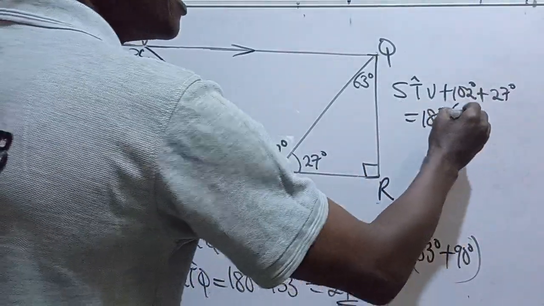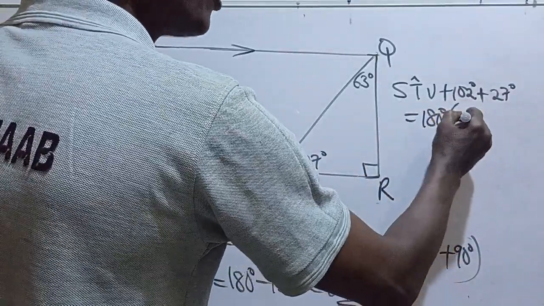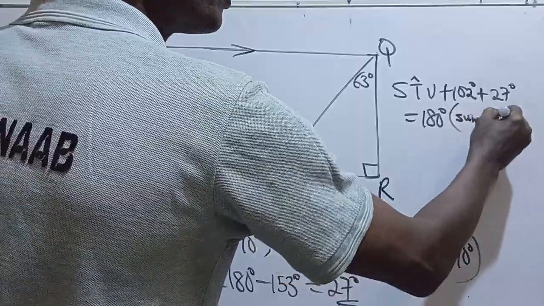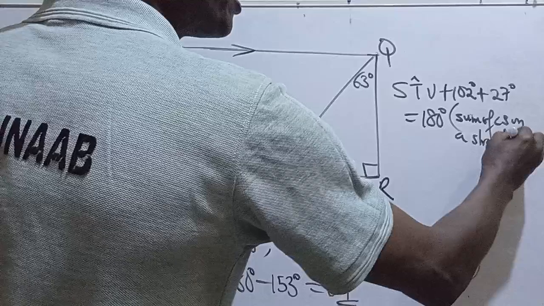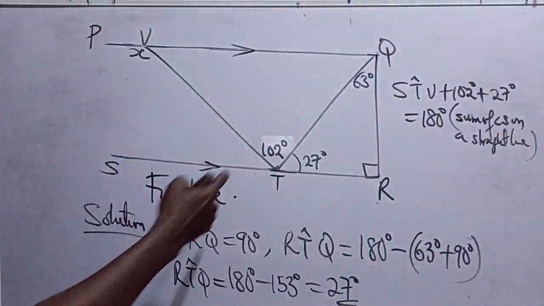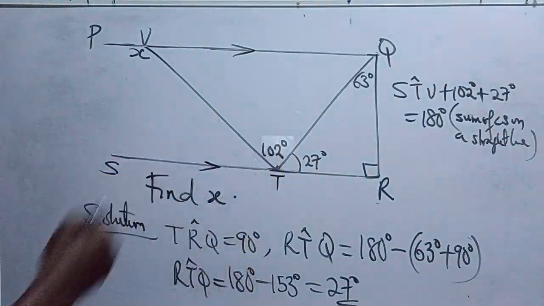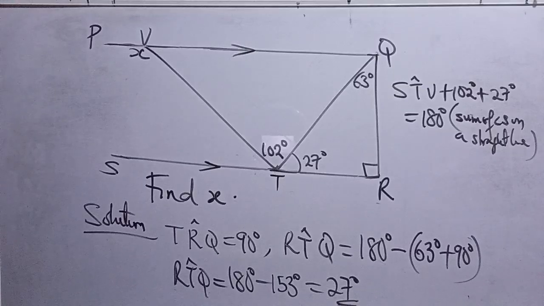What's the reason? Sum of angles on a straight line. That is the reason why these angles must be equal to 180 degrees. I hope you are getting that.